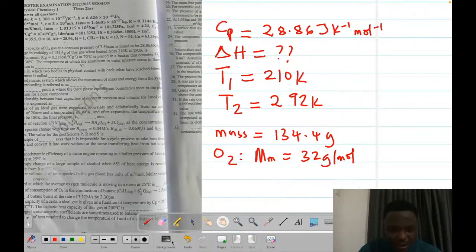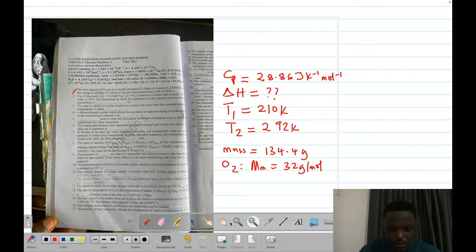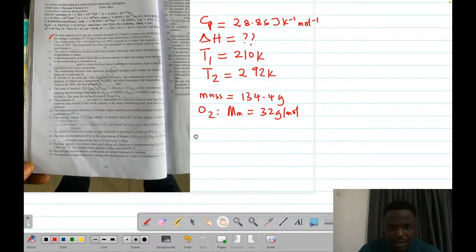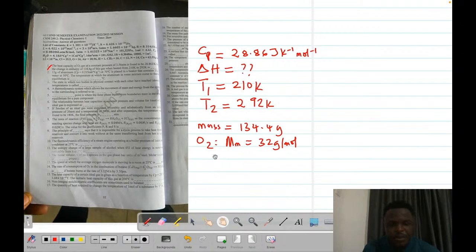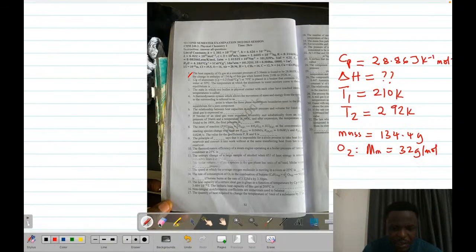Now, you may want to ask yourself, how do we actually solve this question? Let's zoom in. If you could remember, there is a formula that says, look at the left-hand side, delta H equals nCp delta T. That is the formula we're going to use to solve the first question.